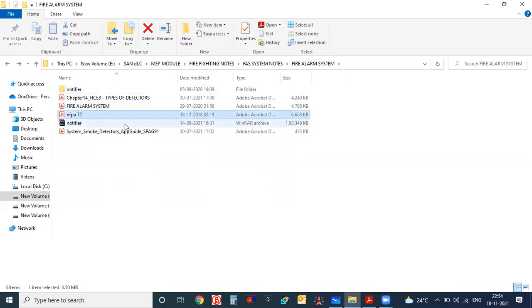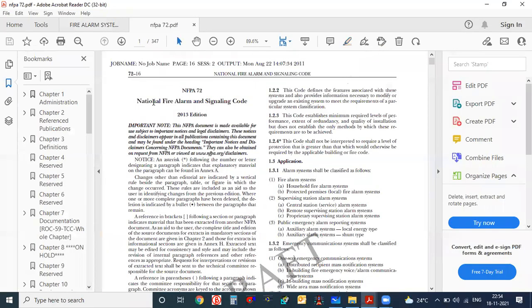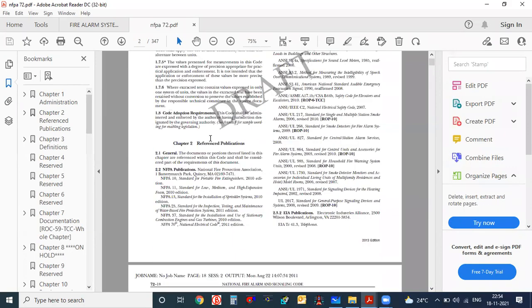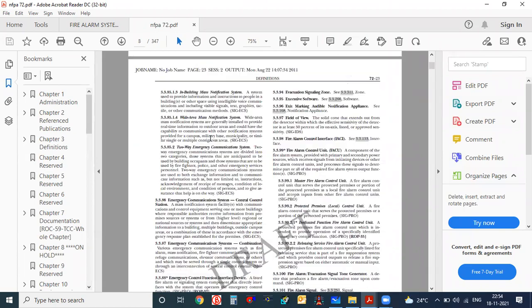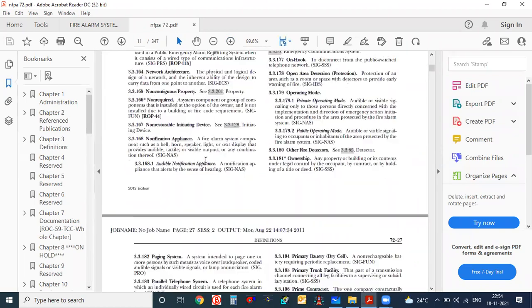If you see this NFPA 72, there are so many things in it. It's almost 347 pages. There is a certain limit, so only certain clauses are written here. Whatever clauses we have to follow as per NFPA 72 are written here.